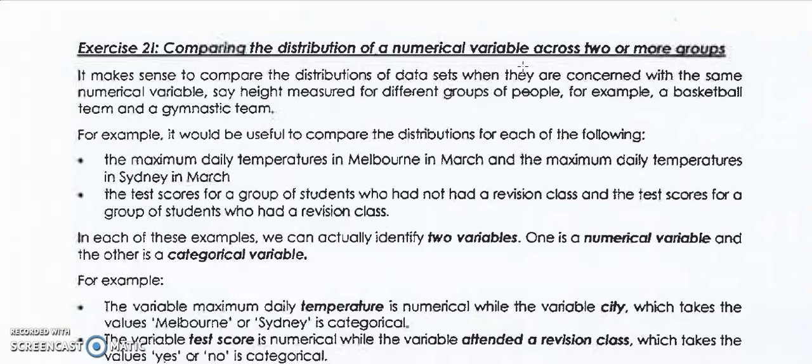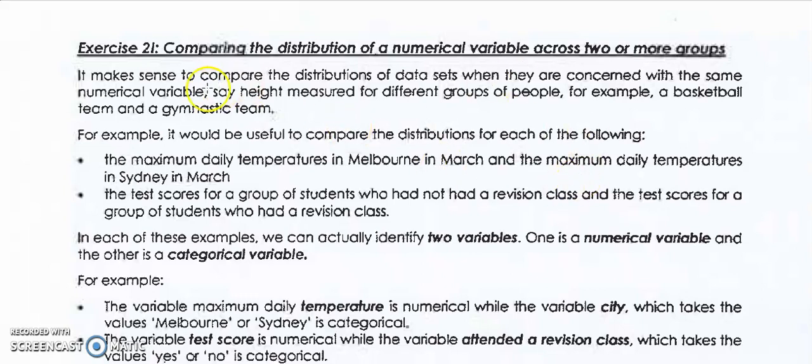With the previous SAC, the layout is here's some data and tell me what you can find from this. Where's the mean? What's the median? What's the IQR? But with this set of work for 2I and 2J, you're going to be looking at drawing some conclusions, okay? So there's quite a bit of investigating that is involved. It is very topic heavy, okay?